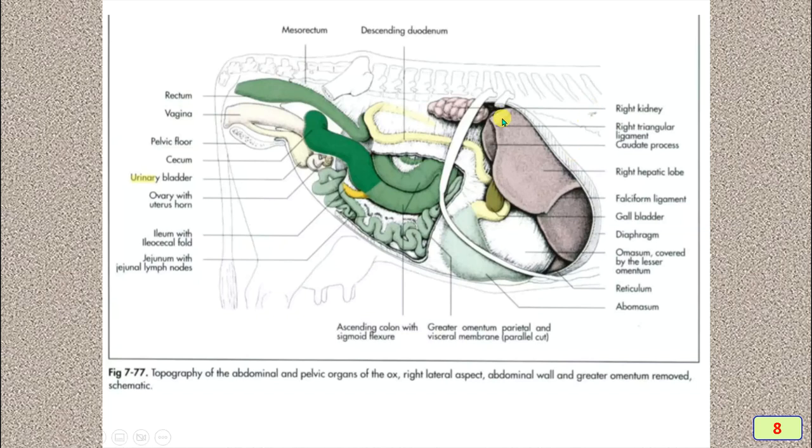Here you can see the kidneys. The right kidney is always lower in bovines, and the left kidney is just below that.